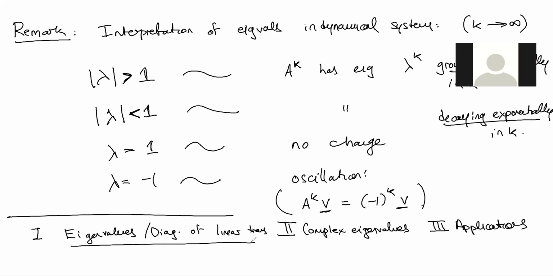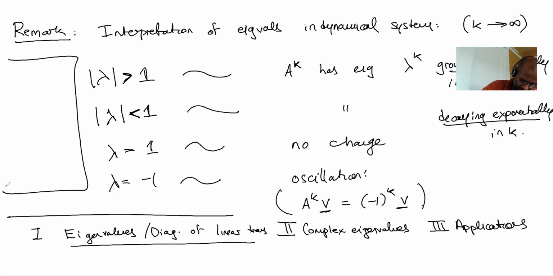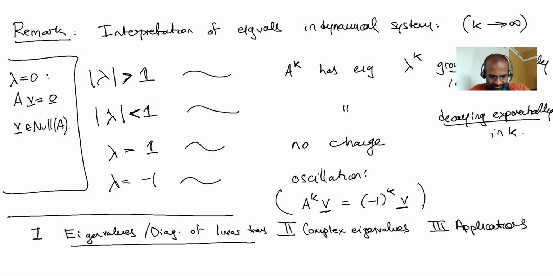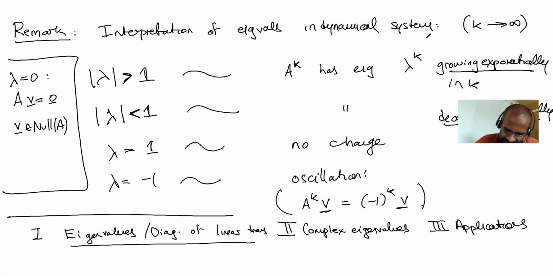Quick question. Is there a meaning if the eigenvalue is equal to 0? That's a good question. If the eigenvalue is equal to 0, it means Av equals 0, so it just means v is in the null space. Now in this dynamical systems context, taking powers is not really going to change anything.